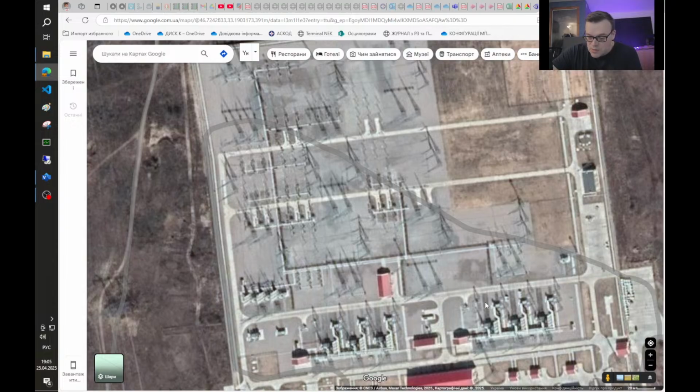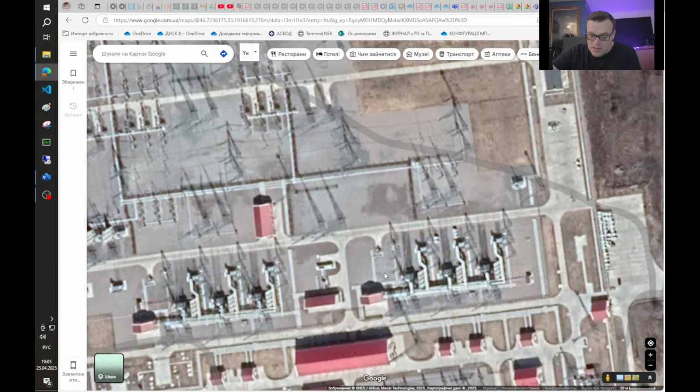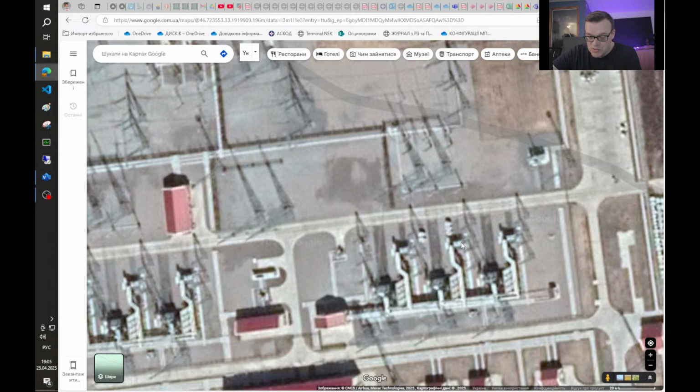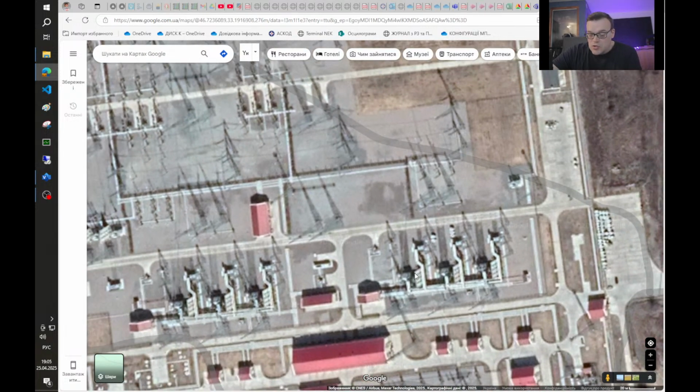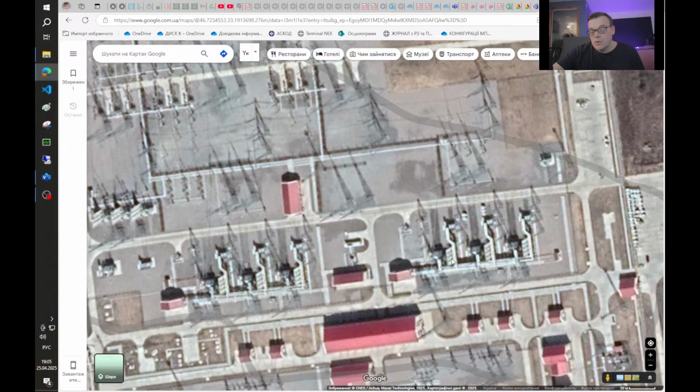This is a group of single phase transformers, two groups of single phase transformers with phase shifting transformers. Each phase's rated power is about 330 MVA, and the overall rated power of the group is about 1000 MVA.